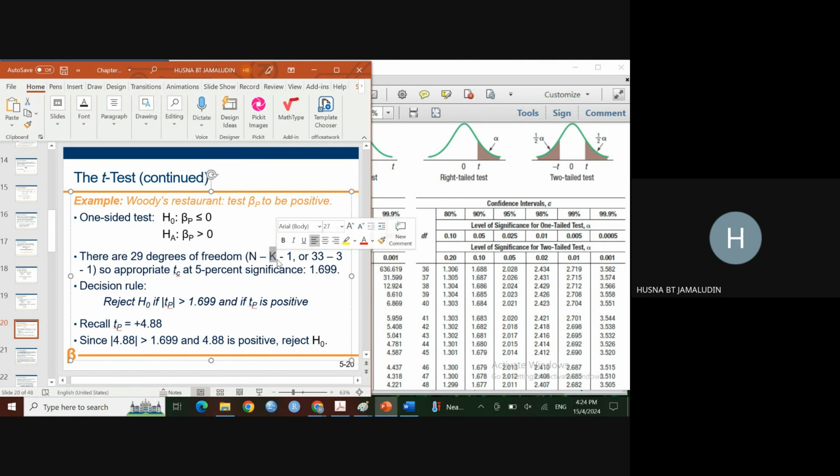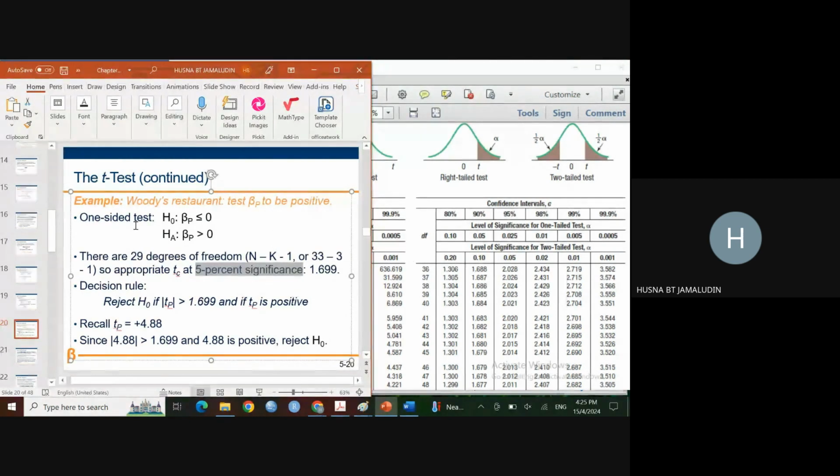At the moment, you have number of competitors, population, and what else? Income. So your independent variables are 3, and then you minus 1 as well. So your sample is 33, minus 3 independent variables, and minus 1. That's why your degree of freedom is 29. And you want to use a 5% significance level. So let's try to find this CV, okay?